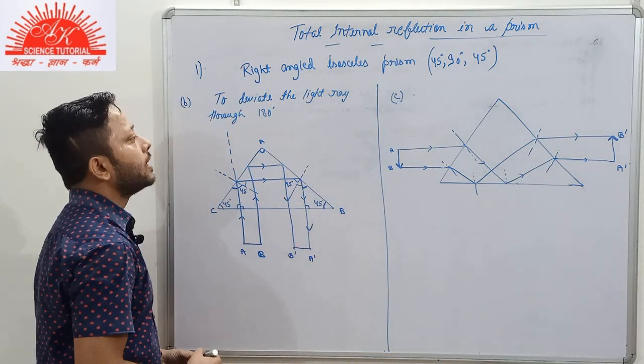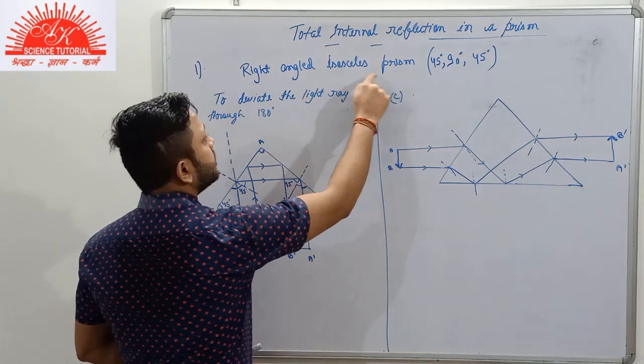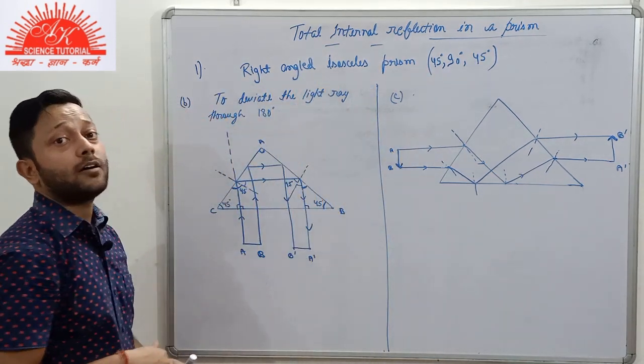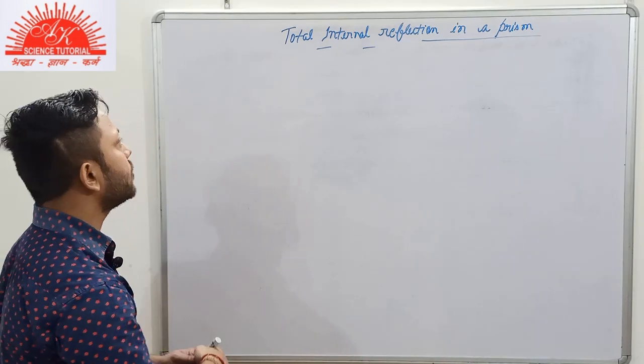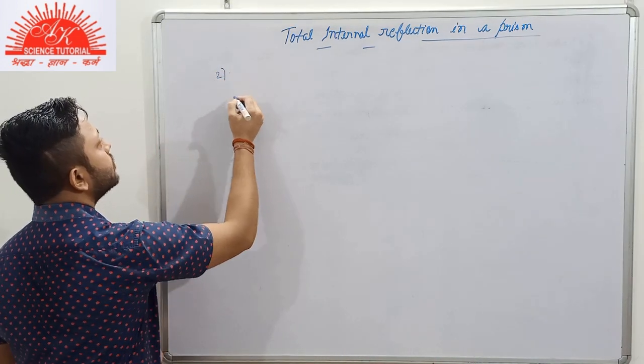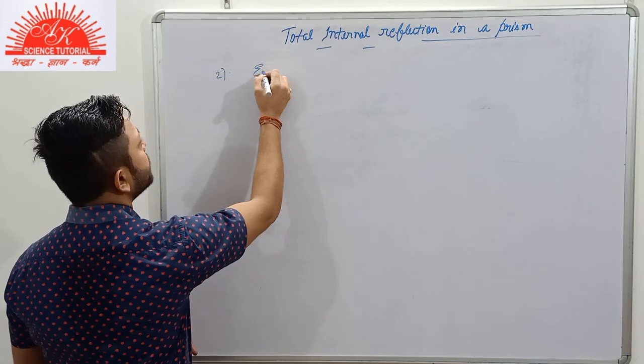So this was the last case, the last purpose that the right angled isosceles prism is used for. Now the second type of prism, that is our equilateral prism.